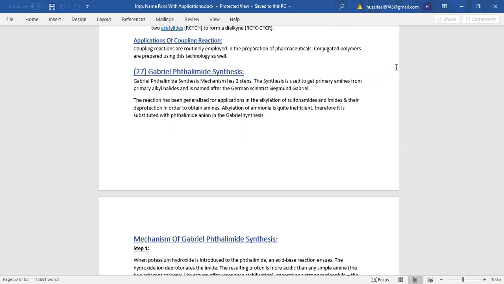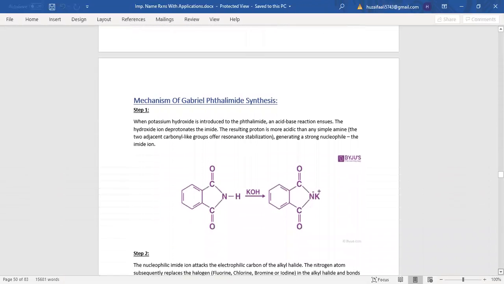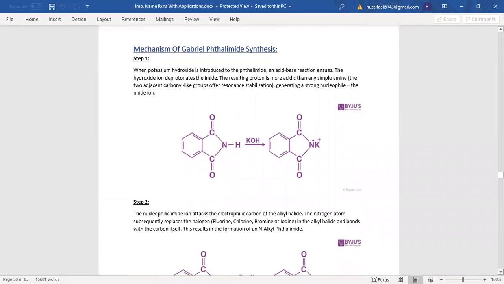The reaction has been generalized for applications in the alkylation of sulfonamides and amides and their deprotection in order to obtain amines. Alkylation of ammonia is quite inefficient, therefore it is substituted with phthalimide anion in the Gabriel synthesis. Mechanism of Gabriel phthalimide synthesis.